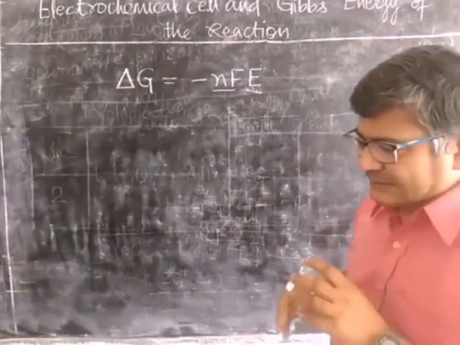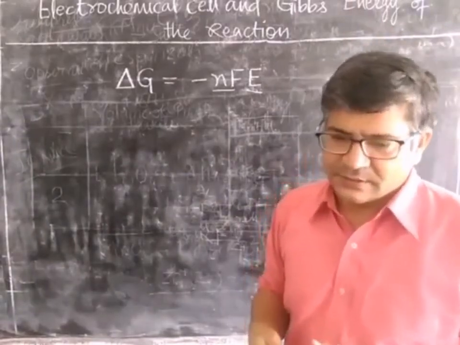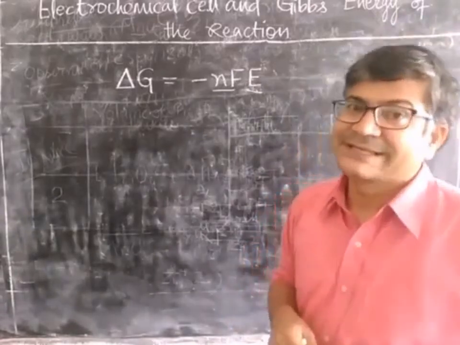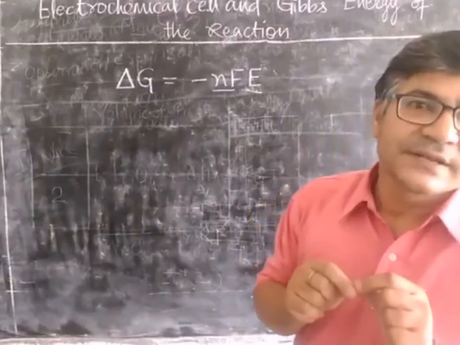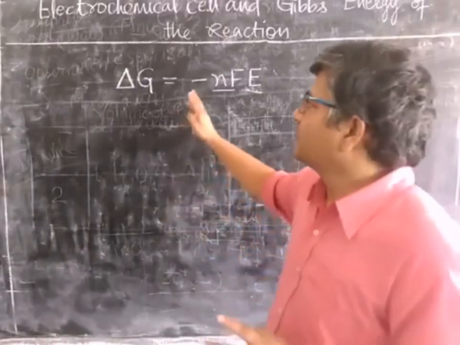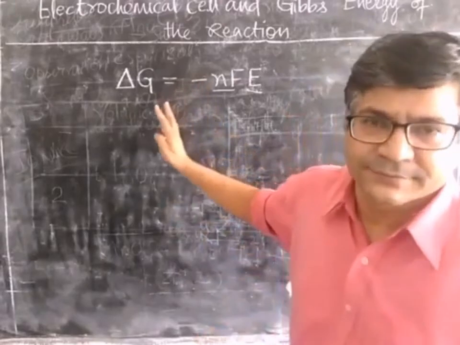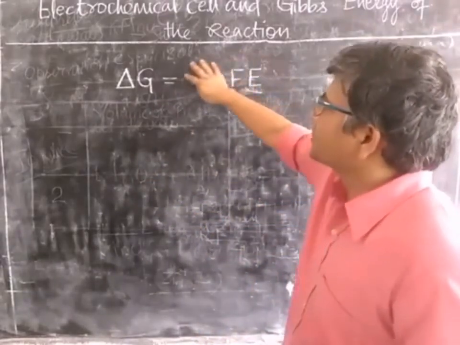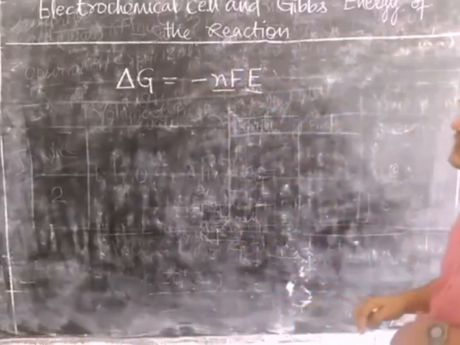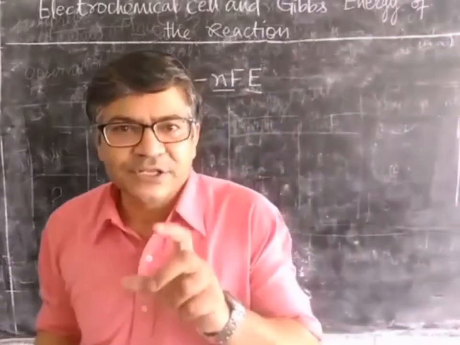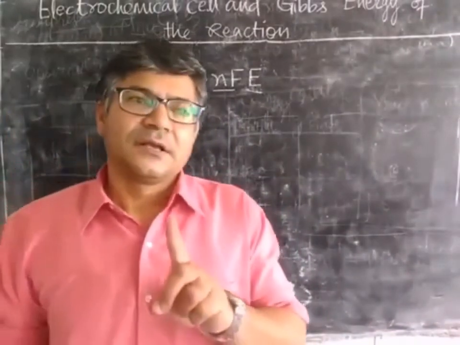Now certain things have to be recalled. The first one is, for a spontaneous reaction to occur, delta G should be negative. So if this equation is to be carried out properly, then delta G should always be negative.